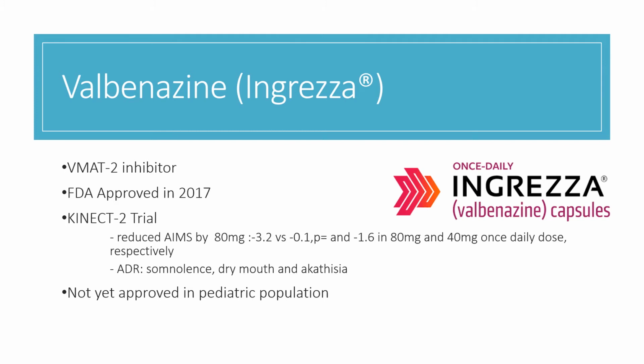Both of these were statistically significant, as I said. However, I do consider the 80 milligram really the only clinically significant one. The valbenazine in the trial was shown to be pretty well tolerated. There was some somnolence, dry mouth, and akathisia. And once again, I do want to note that it was not approved in the pediatric population.